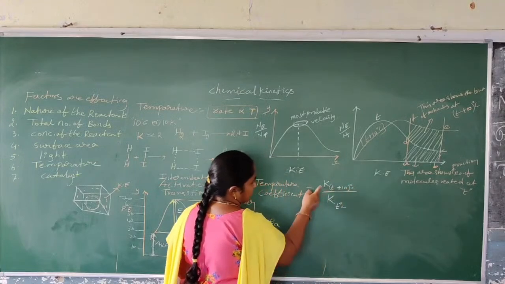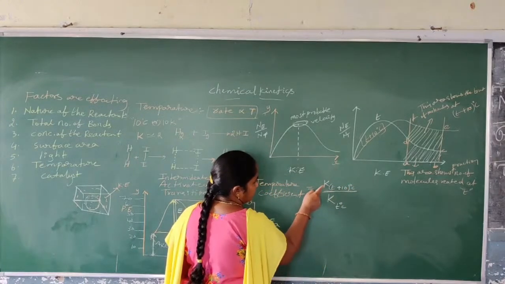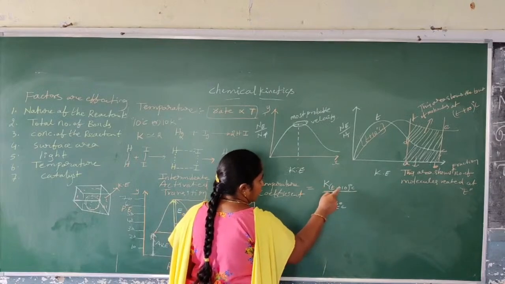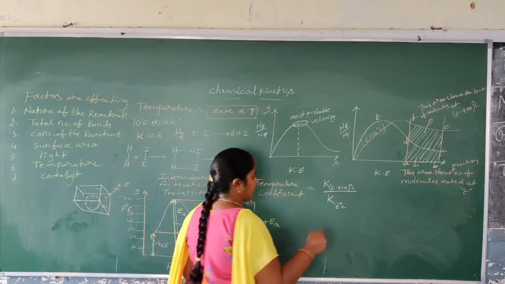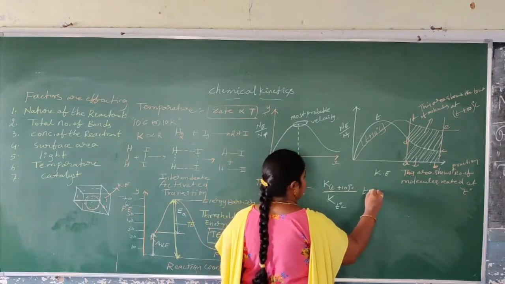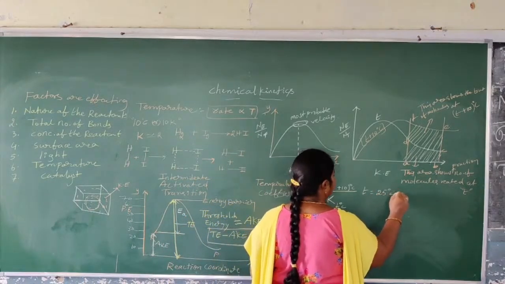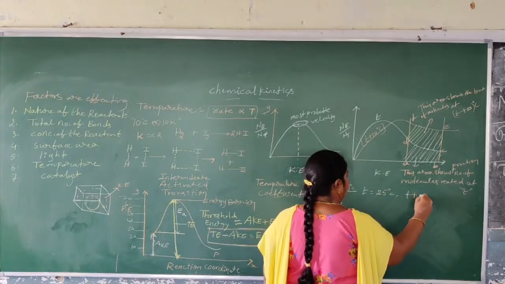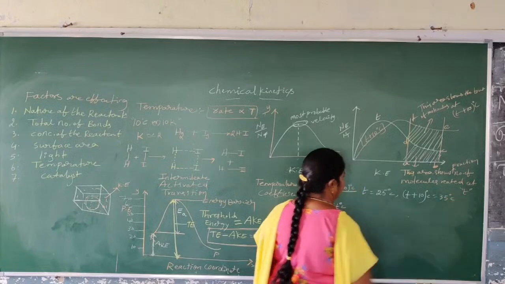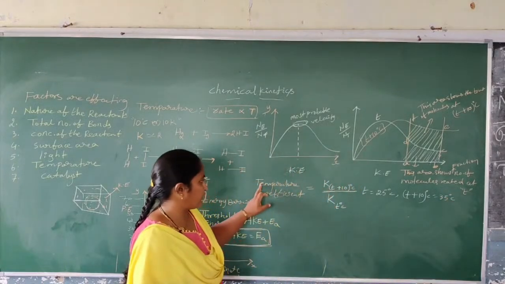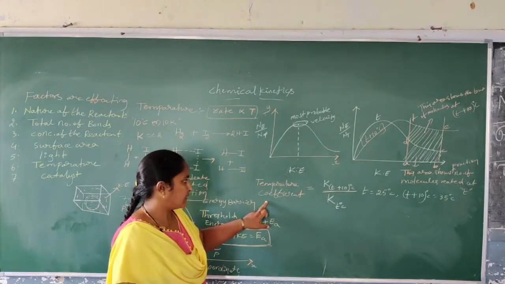The ratio between the specific rate constants at temperatures differing by 10 degrees centigrade. Here generally the temperature is 25 degrees centigrade, and T plus 10 degrees centigrade is 35 degrees centigrade. So I will repeat once again the definition of the temperature coefficient.